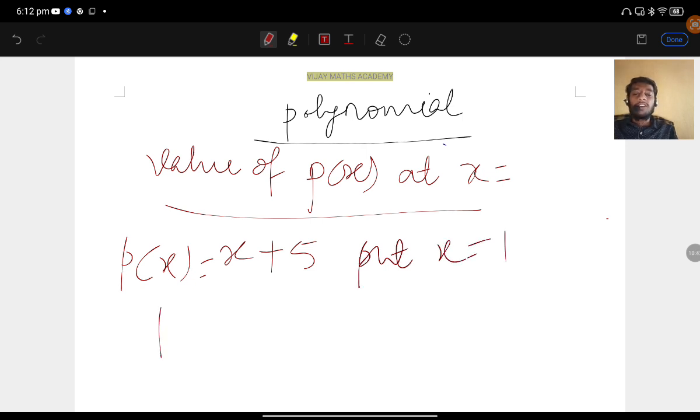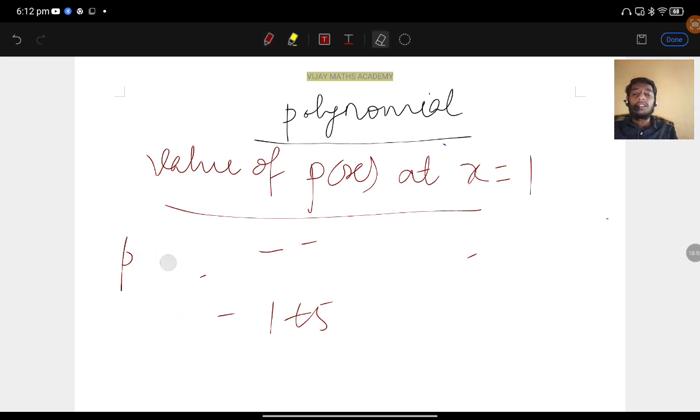Now here p of 1, so what comes is 1 plus 5. So this is the value of p of x at x equals 1. In general, we will take it as k. When instead of x we put k, then we call it the value of p of x at x equals k.